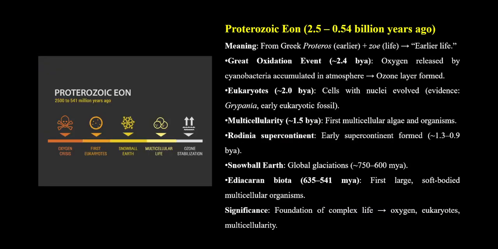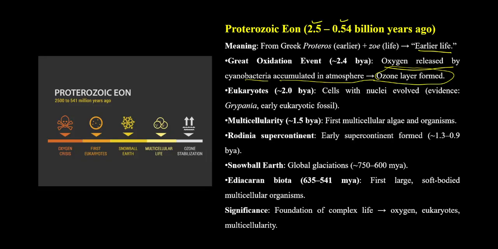Then the Proterozoic eon existed 2.5 to 0.54 billion years ago. The word Proterozoic means earlier life. In this time scale, the oxygen released by cyanobacteria accumulated in the atmosphere, and due to this accumulation of oxygen, the ozone layer was formed in the Proterozoic eon.